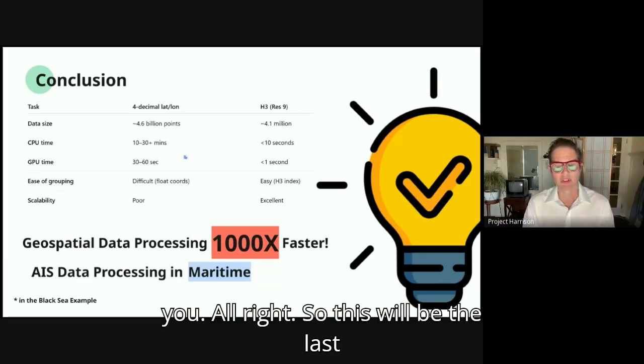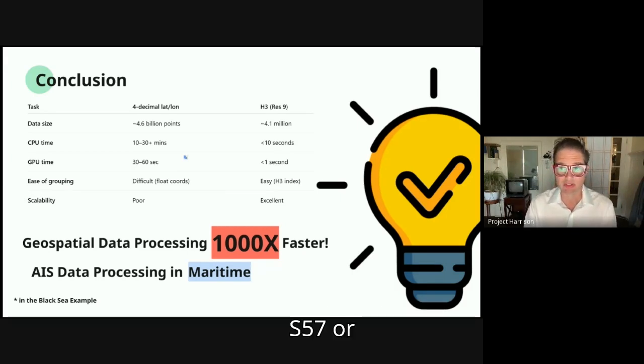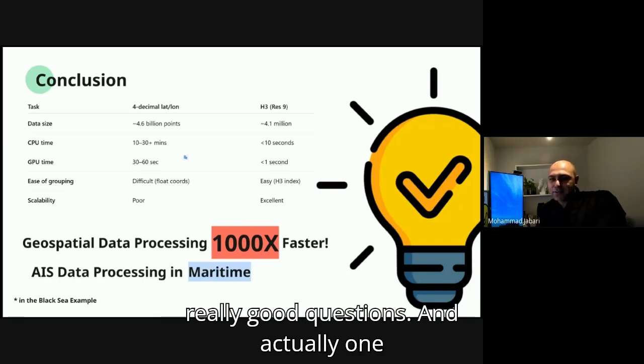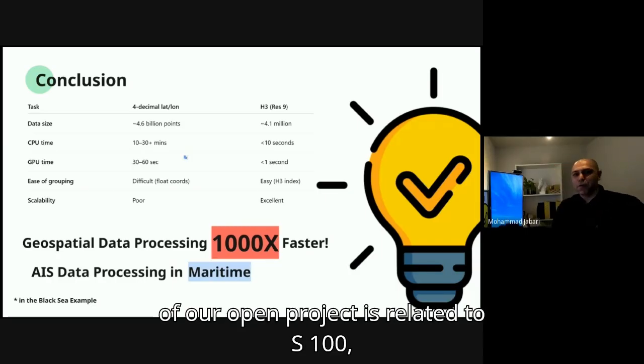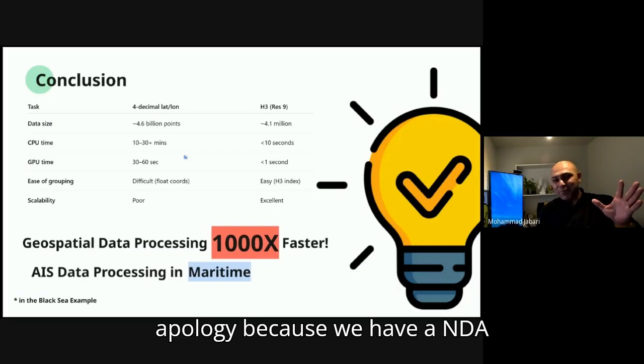All right, so this will be the last question. Describe your experience with S-57 or S-100, the electronic nautical chart format. That's a really good question. Actually, one of our open projects is related to S-100. But accept my apology, because we have an NDA here.